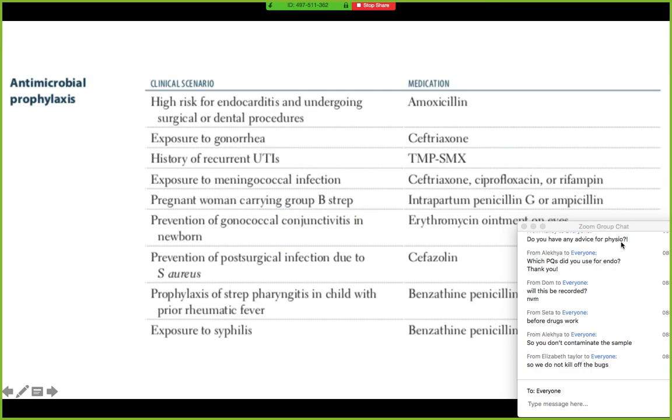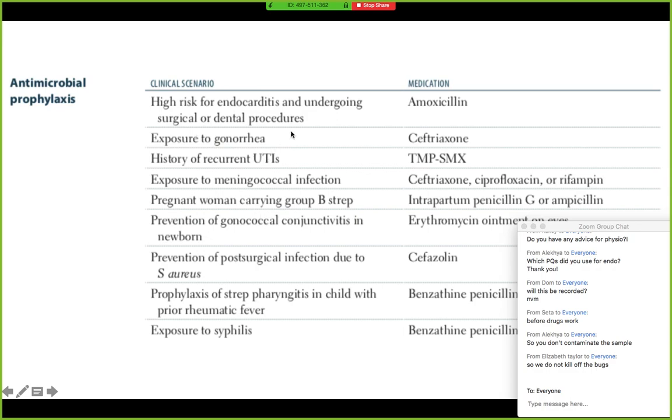All right, and obviously you don't need to know all these right now. I was just trying to give you some examples. I think one of the ones you're probably already familiar with is the erythromycin ointment in the newborn's eyes. The reason they do that is to prevent, if the mother has a gonococcal infection, she can transmit that to the newborn, and it can result in blindness.